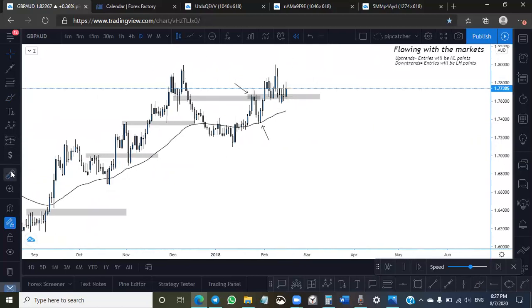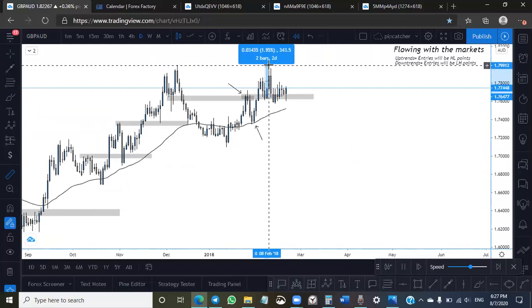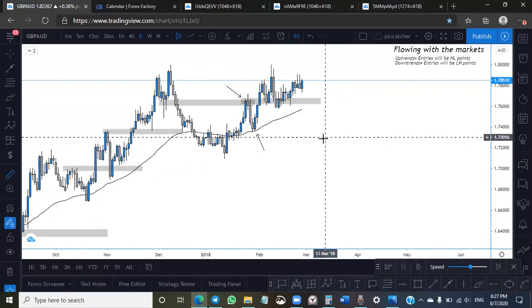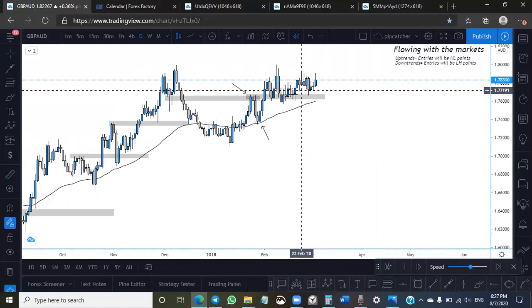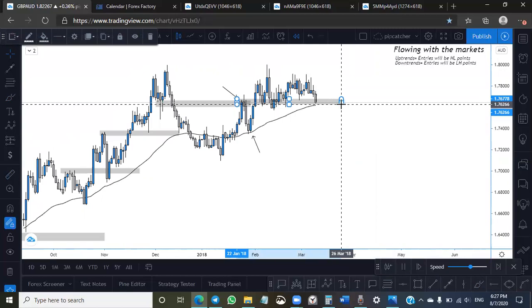So we did get a nice rejection off the rip right there. 343 pips. And it's still kind of holding above this zone here. So let's see where this can go.